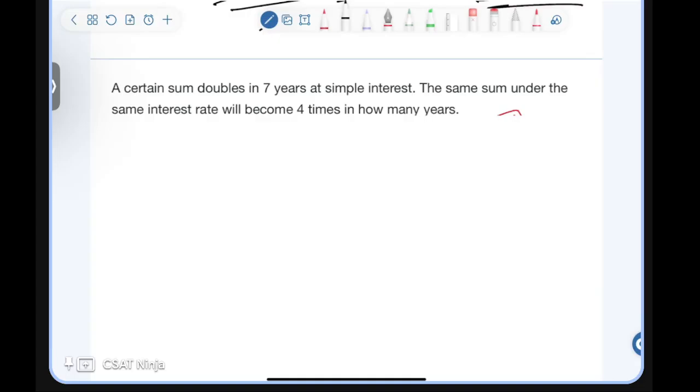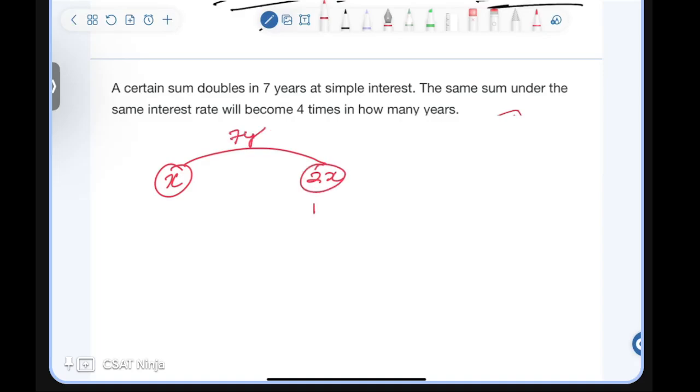Okay, let's try this. A certain sum doubles in 7 years at simple interest. The same sum under the same rate of interest will become 4 times in how many years? For this one, I'll give you the shortcut approach. The question says: x becomes 2 times of x in 7 years.